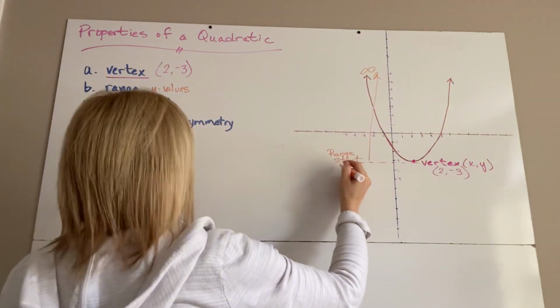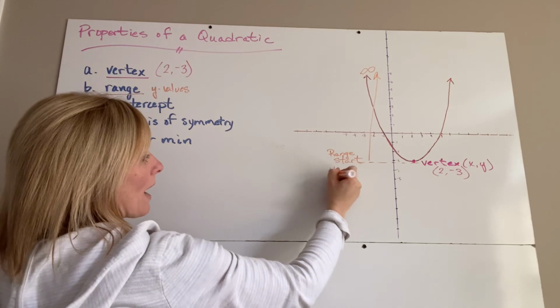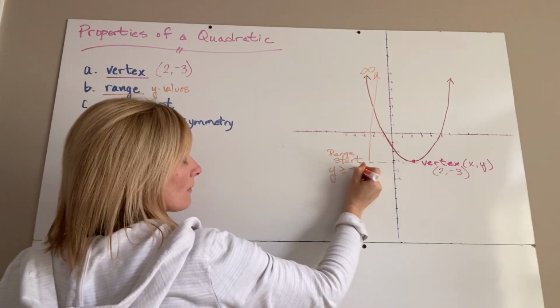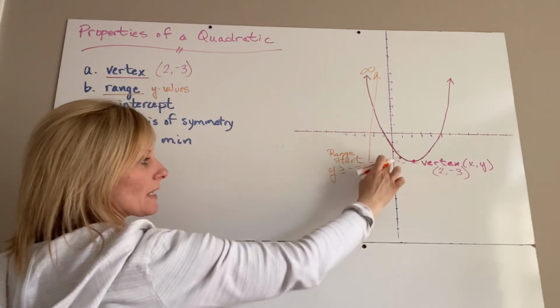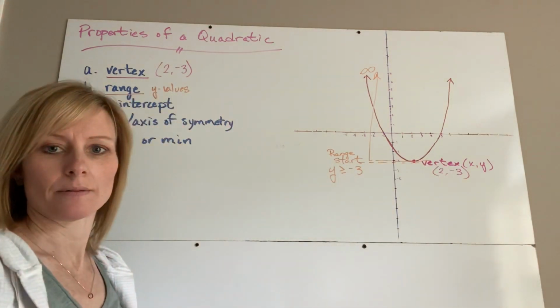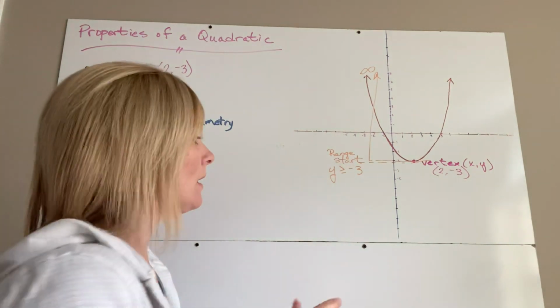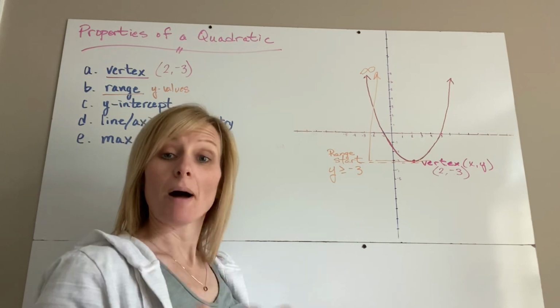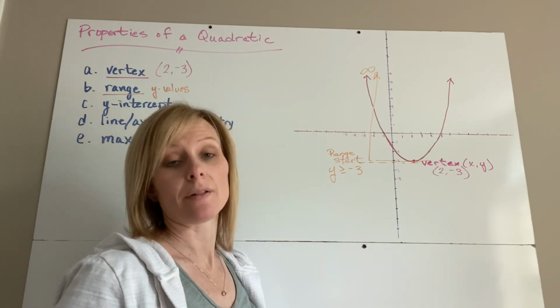So the range is y is greater than, everything above, -3. Now it is equal to it because it is actually touching that -3 spot right there. So just be mindful. If it's an upward facing parabola, a positive parabola, it's going to be greater than.